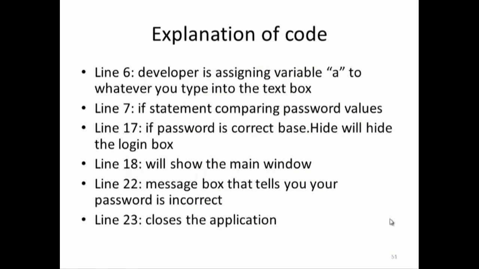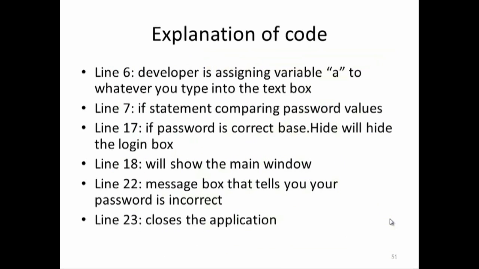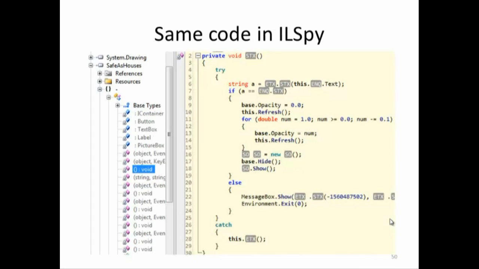On line 6, the developer is assigning a variable a to whatever you type into the text box. You'll see here it says string a equals whatever this dot whatever dot text. He's assigning whatever you type into the form to the variable a. Line 7 is the if statement comparing the password values.